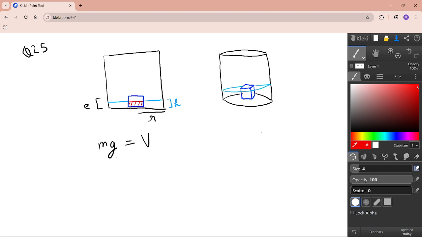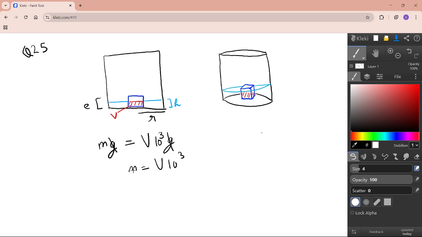So this volume is inside. Let me say the volume is v, so it's v times the density of water, and of course g. So m is equal to v times 10 to the power 3.